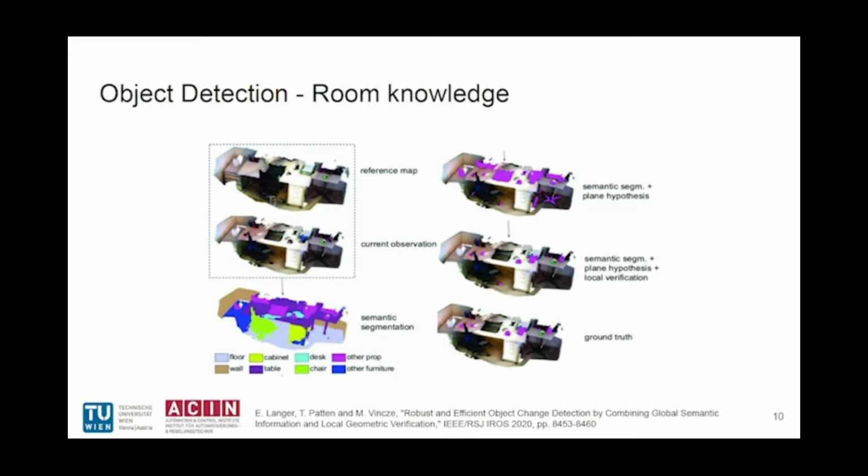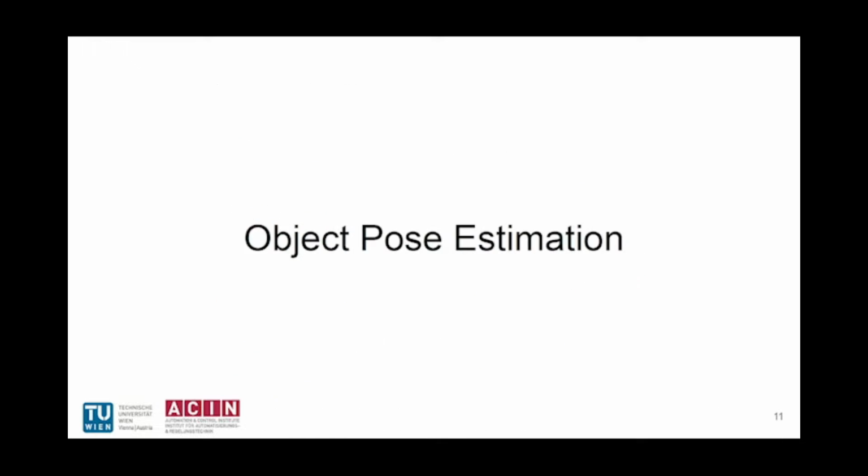That's a different approach to object detection compared to what I described before with Mask R-CNN, because you do not have any class information, you do not have any semantic information, but at the same time, you can detect anything. You're not limited by the classes you have learned beforehand. But either way, you end up with some detection from which you can estimate the pose.